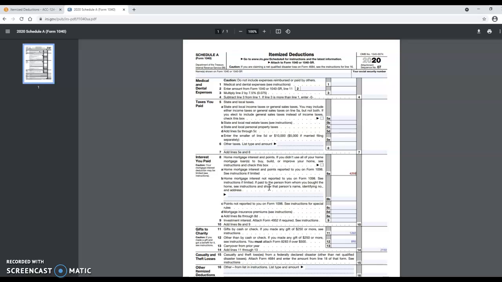And there's different ways that can be done. But in either case, if the seller financed that mortgage, then they have to keep track of how much of every payment is interest.